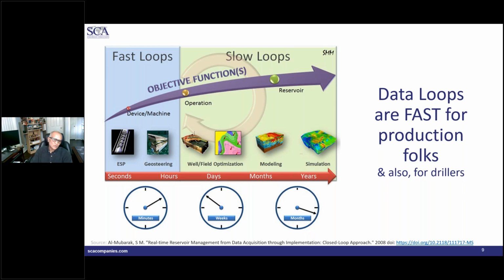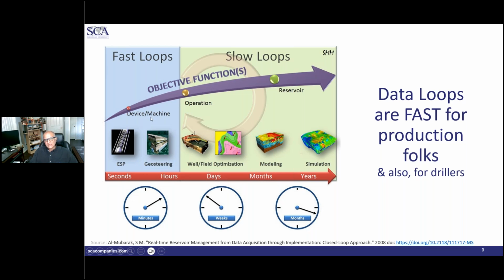So here I'm going to refer to this graphic from Saeed Mubarak that very well points out that data loops are typically very fast in production, and in drilling also, because the processes are happening relatively fast, and sometimes you have to make decisions very quickly.